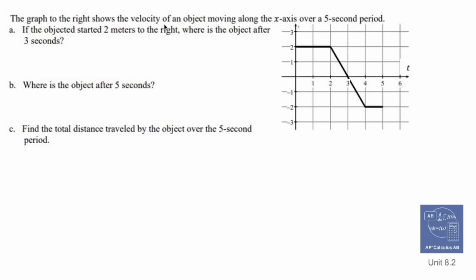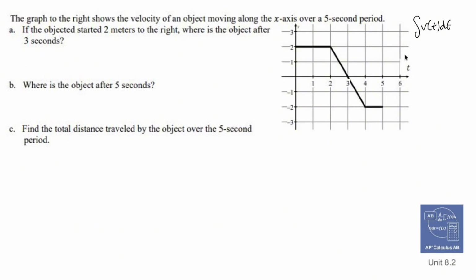The graph to the right shows the velocity of an object moving along the x-axis over a 5-second period. If the object started 2 meters to the right, where is the object after 3 seconds? So this is the velocity function, and here it's asking where stuff is. What I really need to focus on is the integral of the velocity.